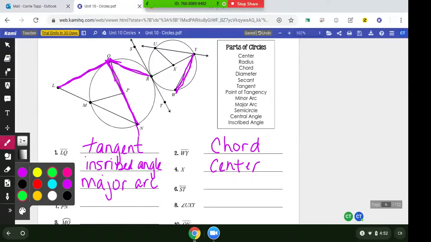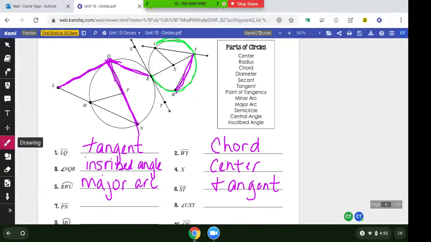That would be you start with R, you work to W, and work all the way around to U. You follow it in the order that they give you. Line ST is going to be a tangent line, another tangent. PN is going to be a radius. It's half the circle. Goes to the center.